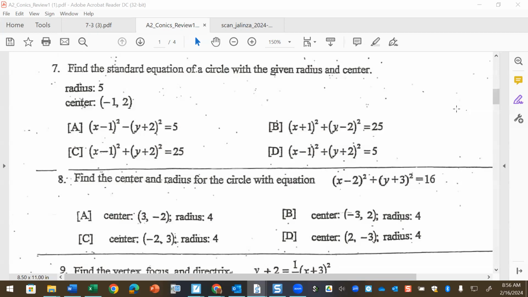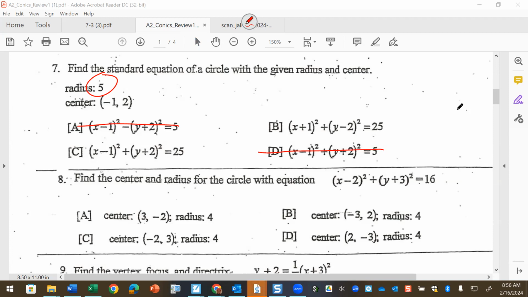All right, number 7. This is easy. If the radius is 5, what has to be on the far right? 25. So just like the SAT, you're going to rule out the ones that end in 5. They can't be right. So now you have 2 to choose from.